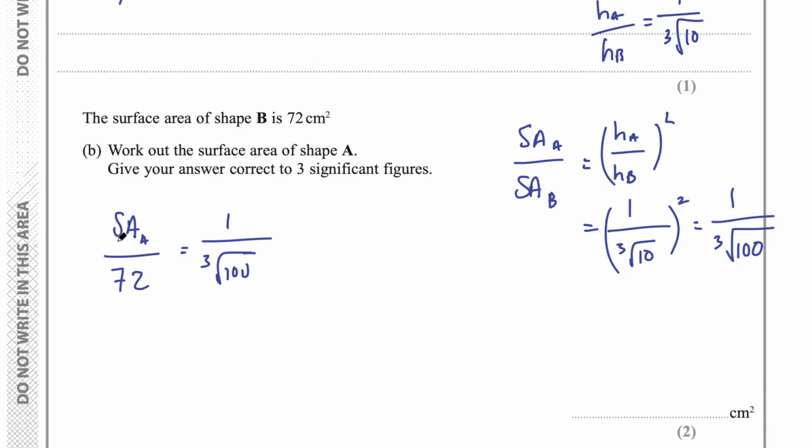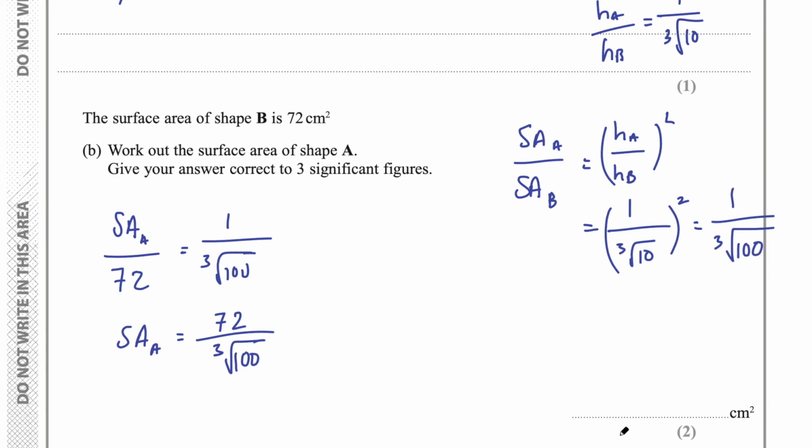All right, and then we can solve for the surface area of A. So the surface area of A is going to equal 72 over the cube root of 100. There I have just multiplied 72 times 1.